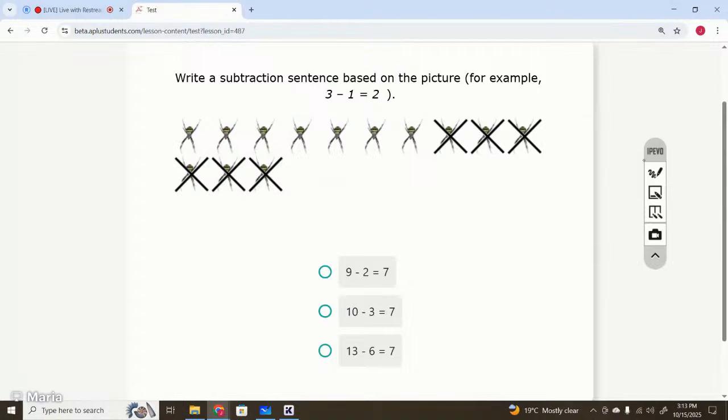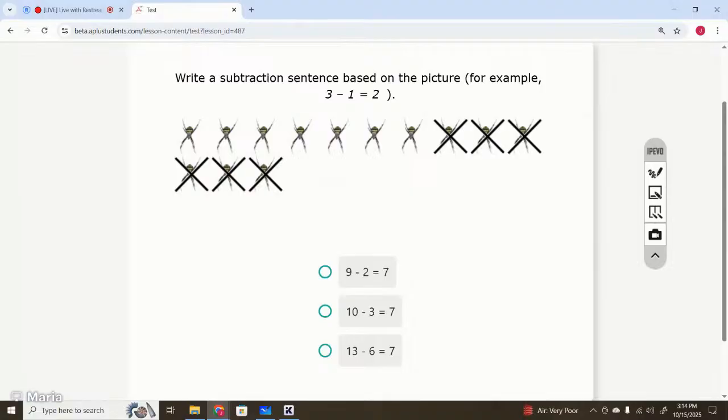Write a subtraction sentence based on the picture. One, 2, 3, 4, 5, 6, 7, 8, 9, 10, 11, 12, 13.